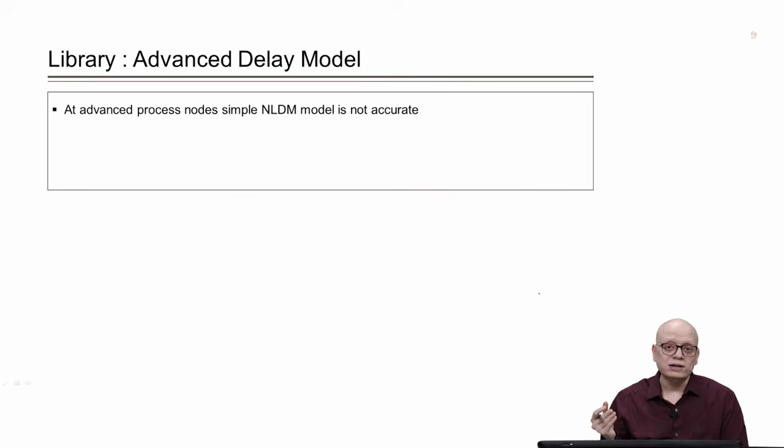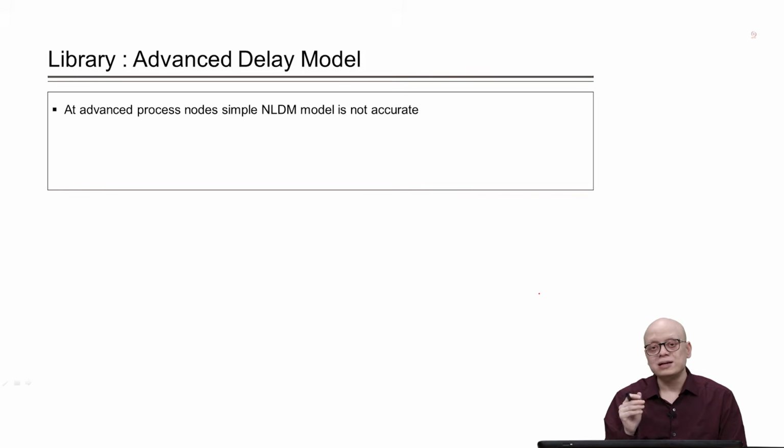Now, what if there is a high resistance at the output? In that case, and also because of say Miller effects and non-linear effects, the assumption of the slew being one number becomes inaccurate.